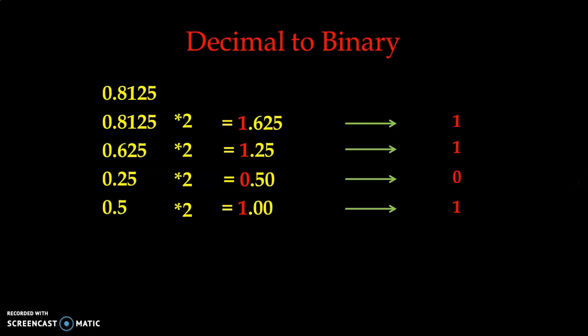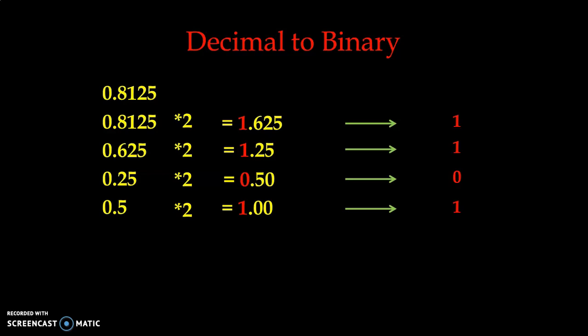So we have to stop our process of repeated multiplication at this point. This is the indication of when we have to stop the process of repeated multiplication.